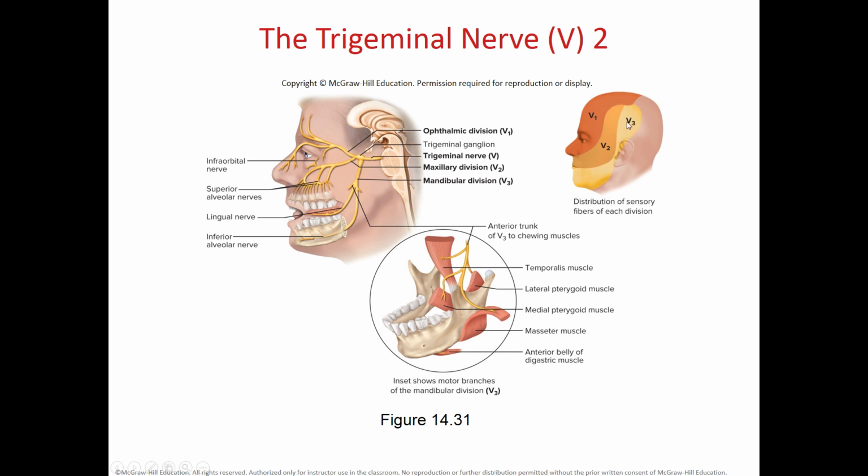And this also has this motor innervation that helps us to move all these muscles of mastication like temporalis, lateral pterygoid, medial pterygoid, masseter, and the digastric muscle underneath our jaw. So the inferior alveolar nerve receives sensory information from our teeth, superior alveolar nerve from the superior teeth.